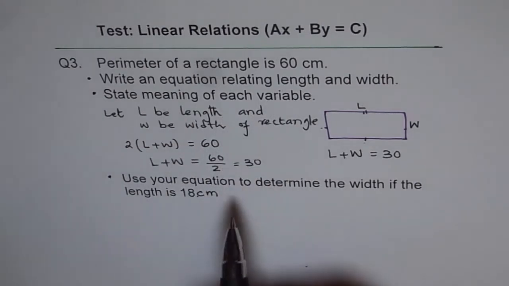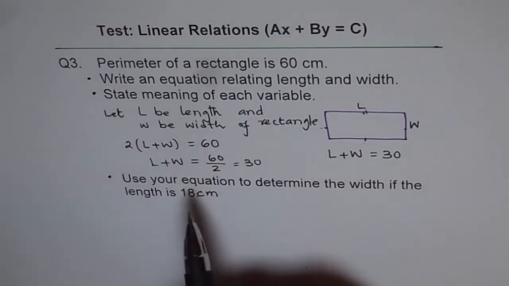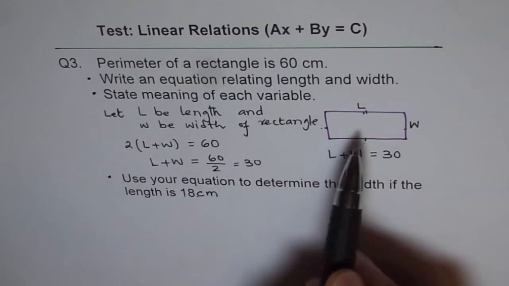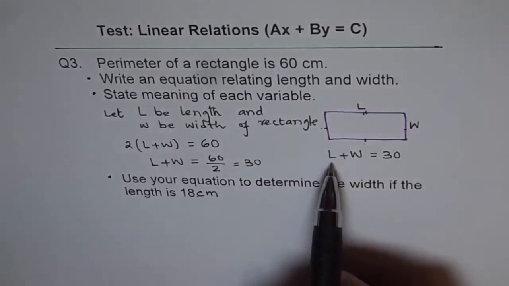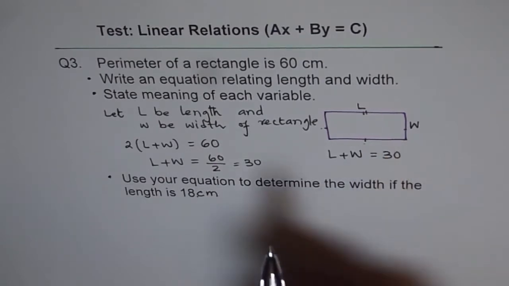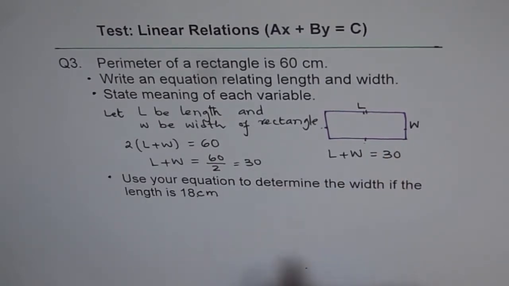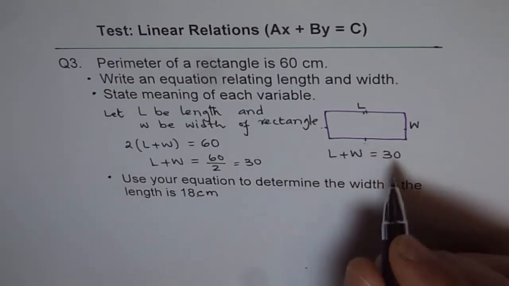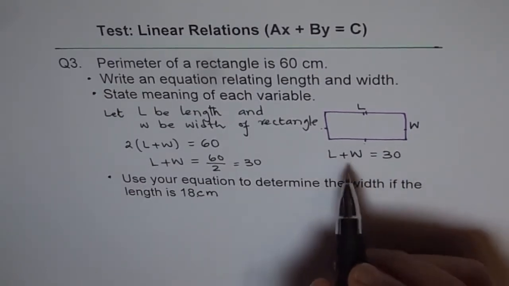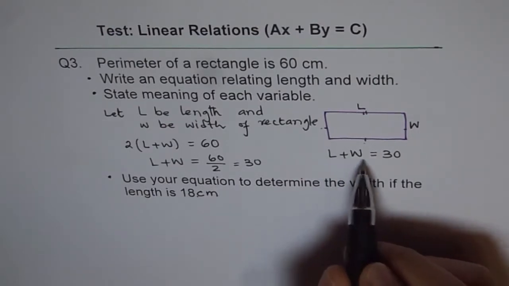State meaning of each variable. So we have already stated that length is denoted by L, that is a variable L, and W signifies width of the rectangle. One more thing you can look into in this way, what could be the limits of your variables?